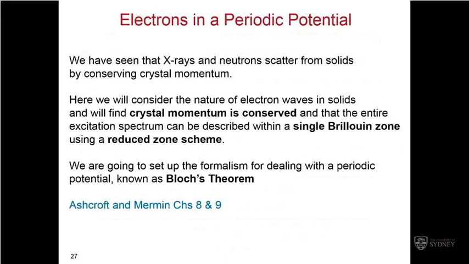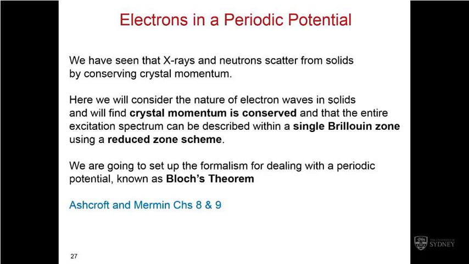Okay, so this is a new little topic on electrons in a periodic potential. We have now looked at our crystal. We've looked at how to define certain planes. We looked at scattering. But what we want to do now, and we've looked at the free electron model, where we have had no potential, only a periodic repeating box.